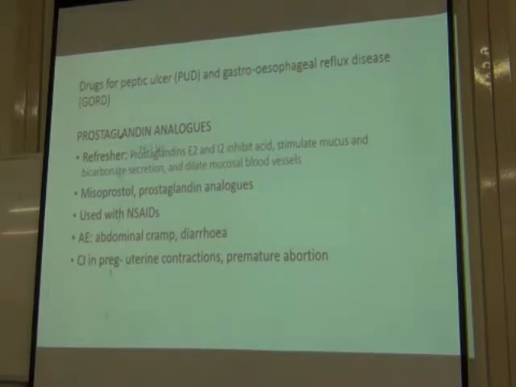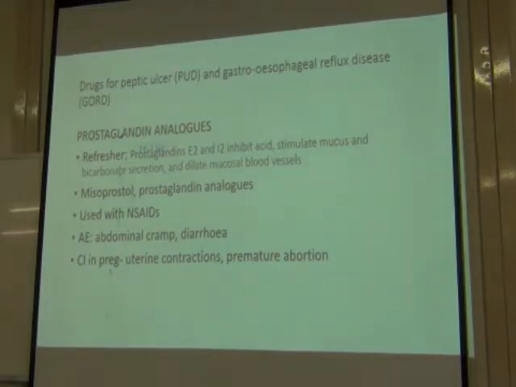When we were doing NSAIDs, I talked about misoprostol. Misoprostol was one of the drugs I mentioned that can be used in addition to your non-steroidal anti-inflammatory agents to prevent the development of ulcers, or if an ulcer patient needs to use an NSAID, then you give them along with misoprostol. Misoprostol is a prostaglandin analog, taken orally, and it can help induce the cytoprotective activity of prostaglandin.